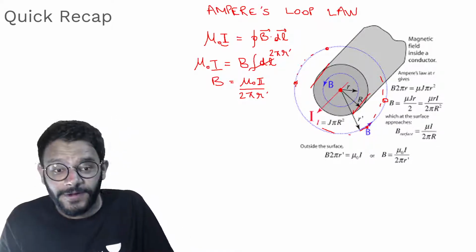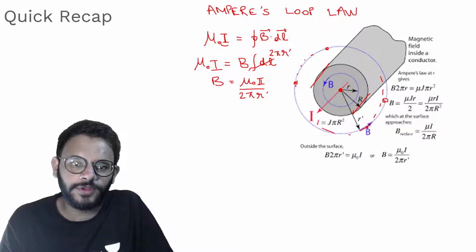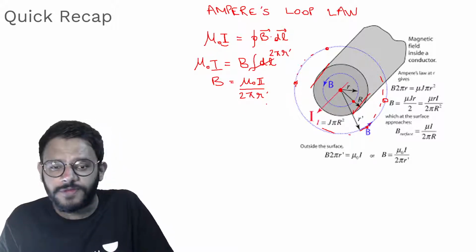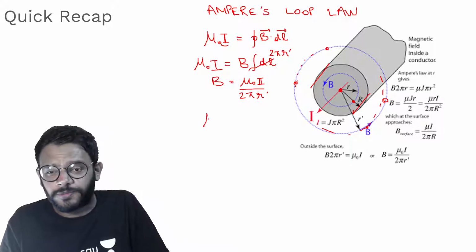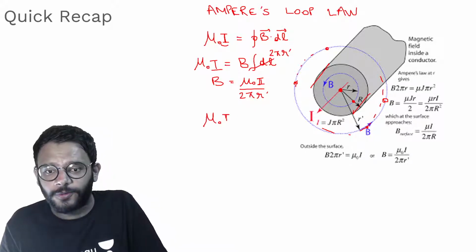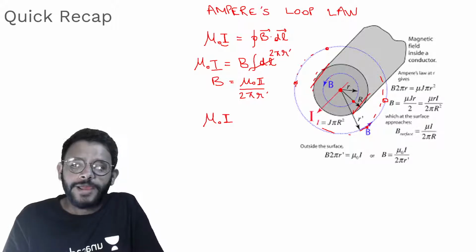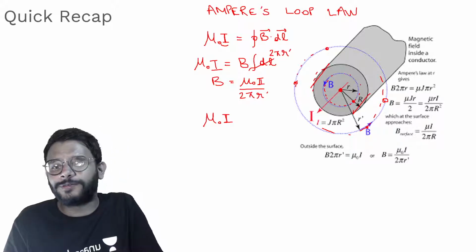Similarly, if I'm taking a point inside my cylinder, so if I have this point over here, which is at a distance smaller, then it's pretty much the same thing, but my I enclosed is not going to be the total current I, because my loop is carrying only this much current.